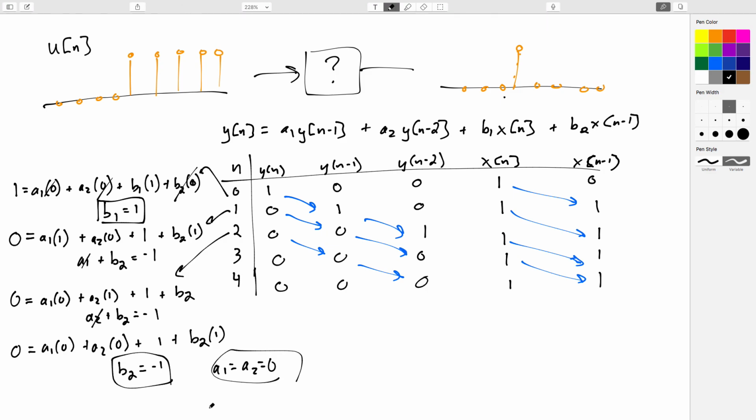Okay? And so this is saying to convert a unit step into a unit sample, we need a difference equation in between, which looks like this. Okay, the 1 was right here, the -1 was right here.